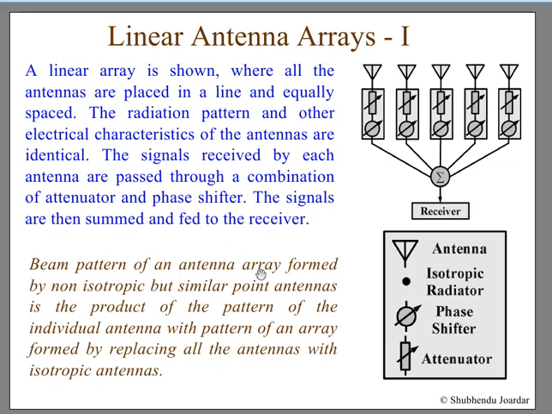The beam pattern of an antenna array formed by non-isotropic but similar point antennas is a product of the pattern of an individual antenna with the pattern of an array formed by replacing all antennas with isotropic antennas. That is, you just have to multiply the actual beam pattern with the isotropic array pattern.